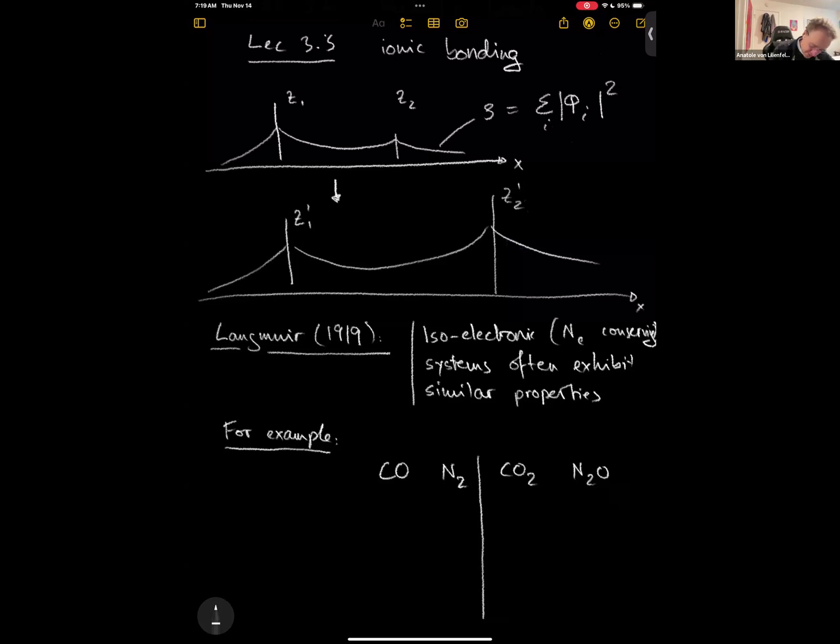So maybe for CO2, you know the Lewis structure formula.